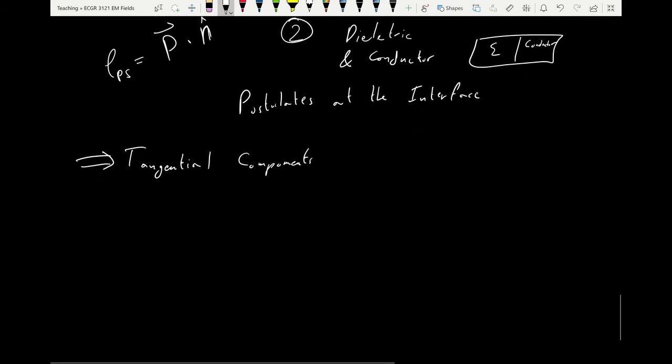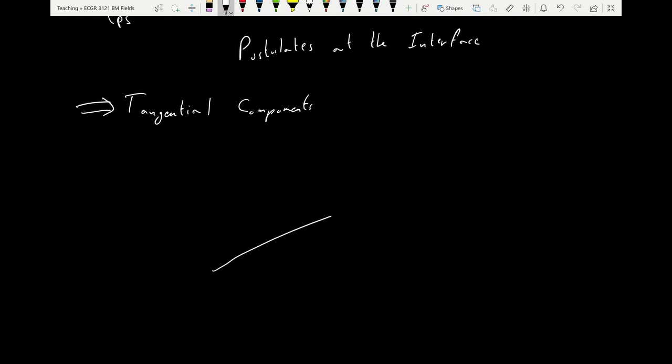The idea here is the following. We have this interface, let's say, and it extends this way. I'm zooming in on the interface, and then I have material 1, then I have material 2. The idea is that the electrostatic field, which I can represent by either E or D. E and D are different representations of the same thing. E is looking at the electric field from the point of its force intensity. That's why we call it the electric field intensity.